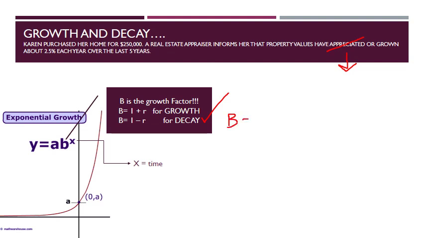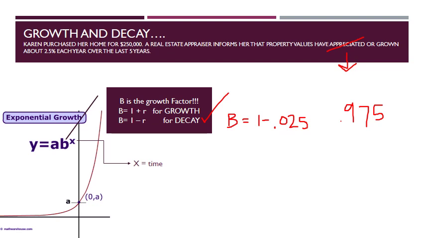Our growth factor would be 1 minus the rate of 0.025. Okay, so 1 minus 0.025 would be 0.975. So this is our B.